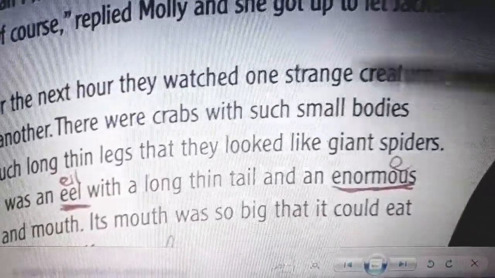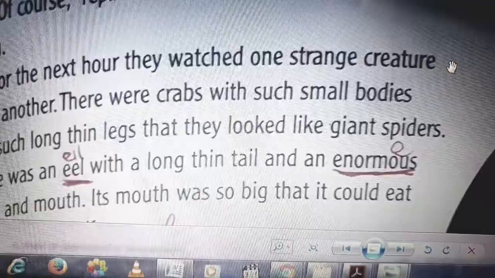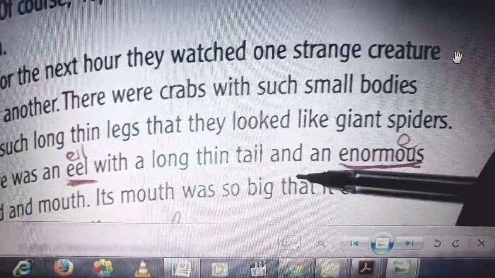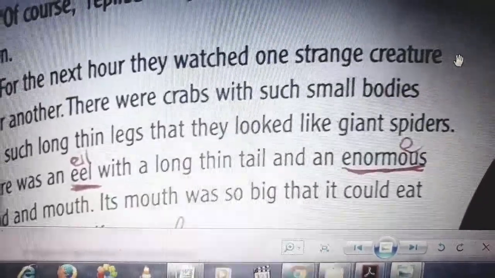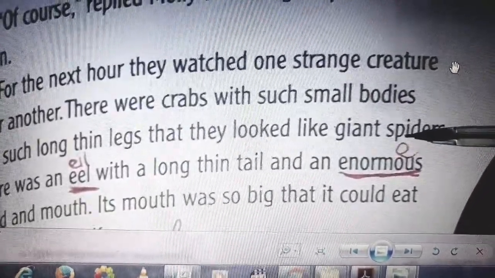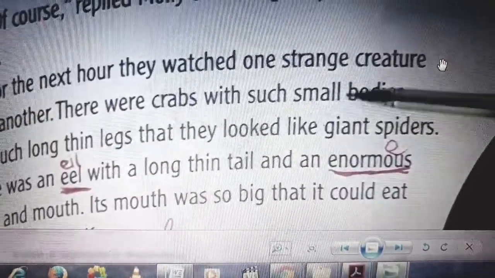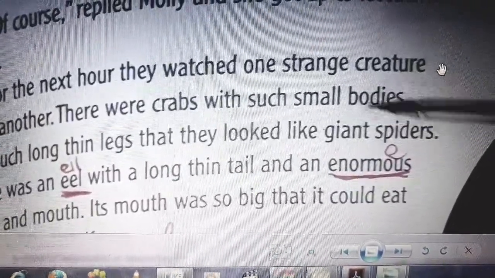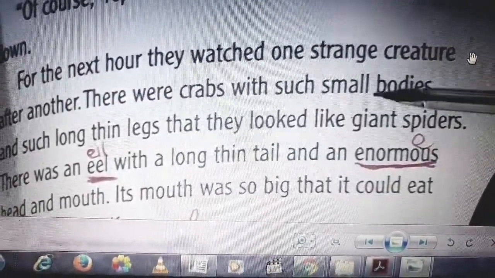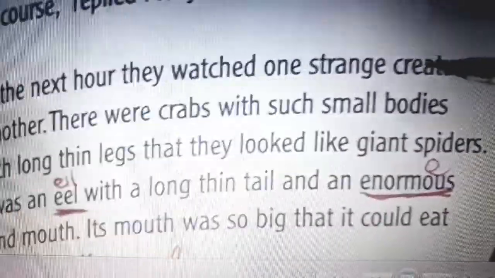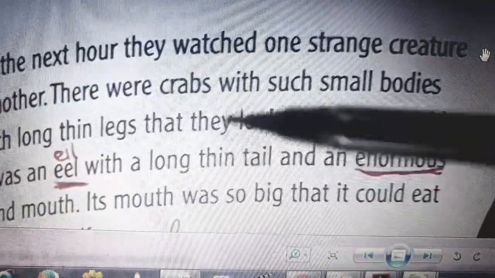Look at what the narrator compared them to, to make your imagination work. Notice it says small bodies with long and thin legs. What do we call this? The characteristics or description of the crabs.